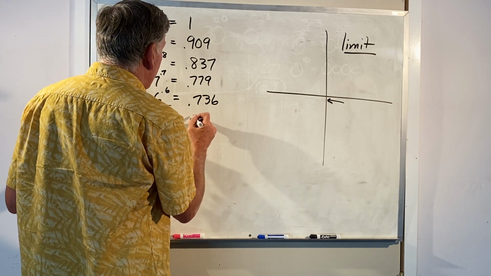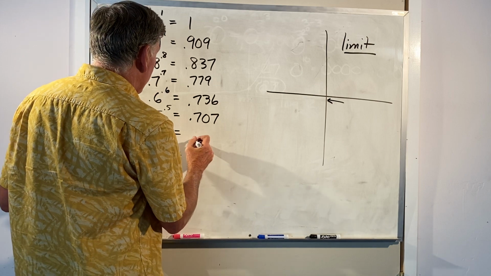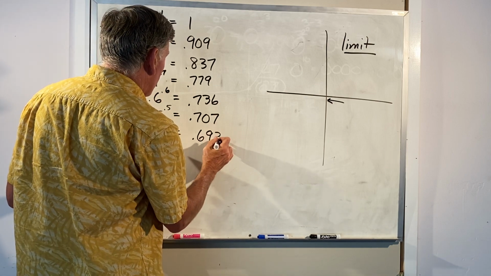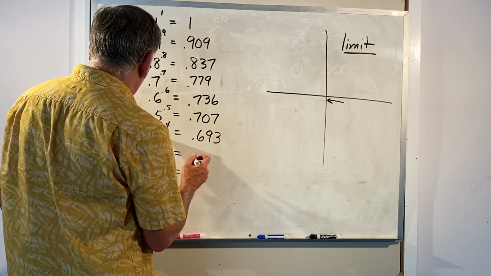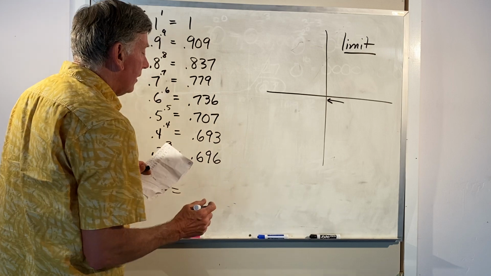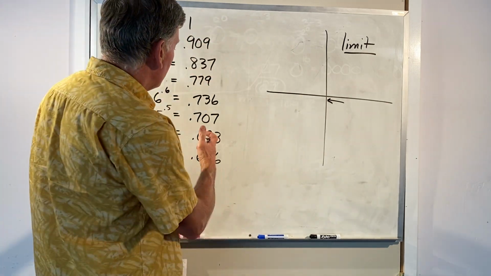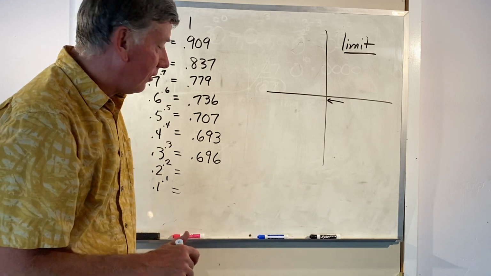0.5 to the 0.5, 0.707. 0.4 to the 0.4, 0.693. 0.3 to the 0.3 is 0.696. Now, by the way, I should say there are plenty of other decimal places, but I'm limiting it to 3.